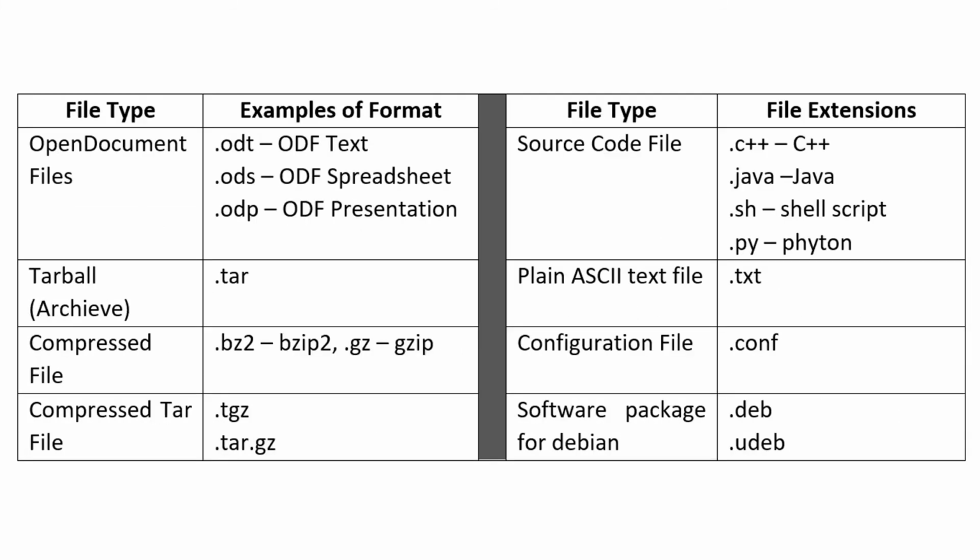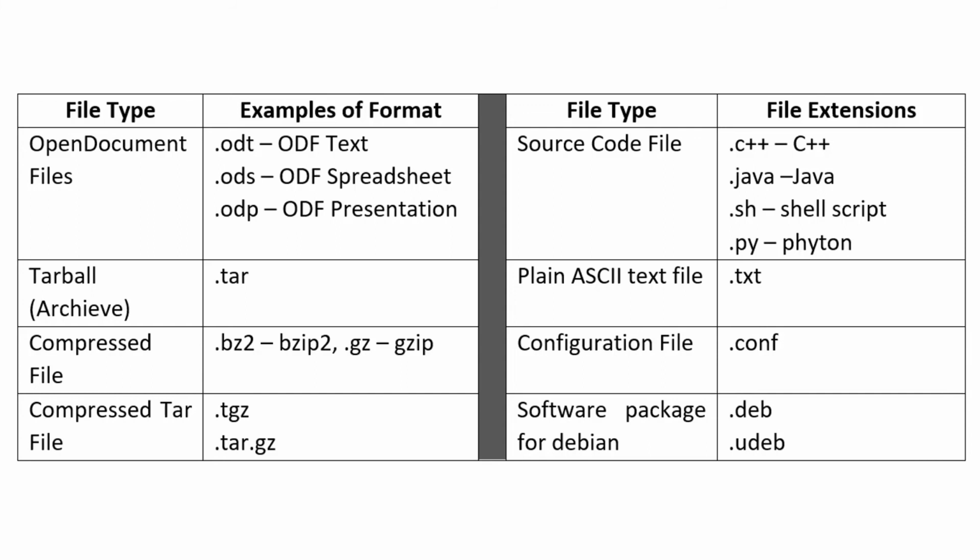Here we are showing you examples of file type extensions and file formats that we have in Linux. For open document files, like what we have in Word, .doc, or .xls, in Linux the default is the ODF format. The one compatible with Word is .odt, and for Excel it's .ods, and so on.